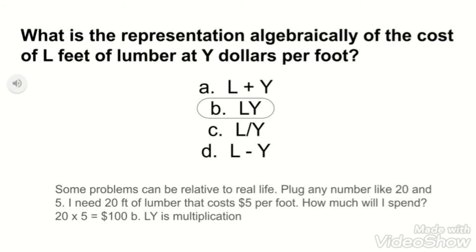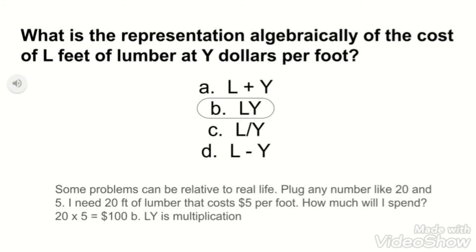L times Y, because it's going to be the feet times the money that is going to give me the dollars per foot. If I am multiplying the feet times the money, that'll give me how much money is needed.